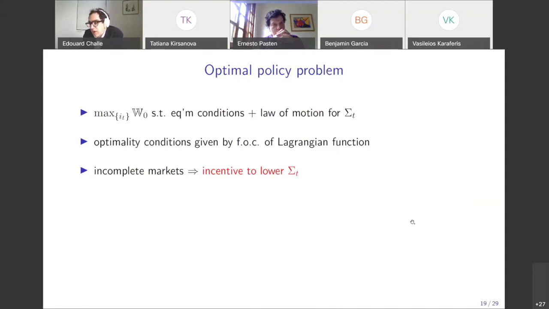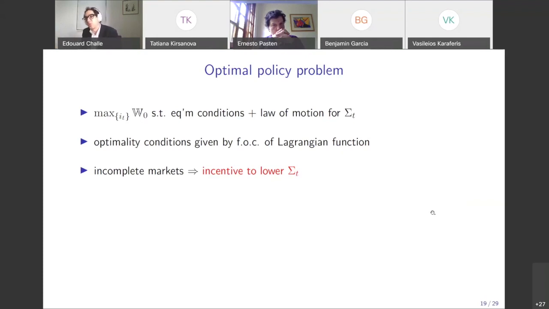What is new here relative to the representative agent New Keynesian model is that there is an incentive to lower big sigma, or at least not to cause big sigma to increase too much when you take policy steps. This is where inequalities may twist optimal monetary policy relative to RANK.